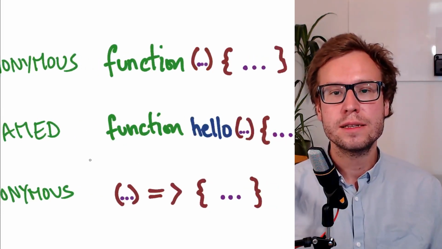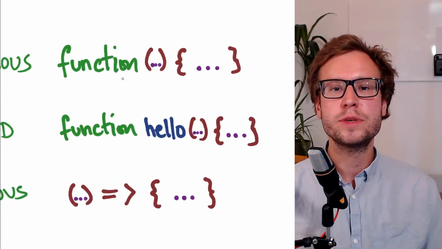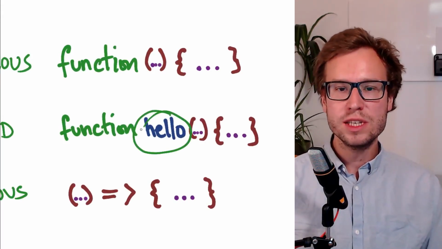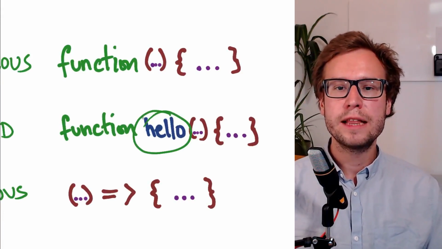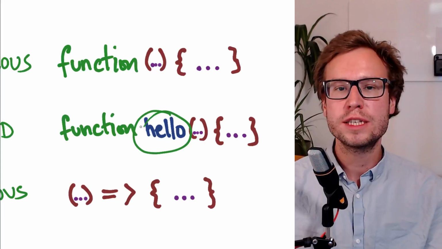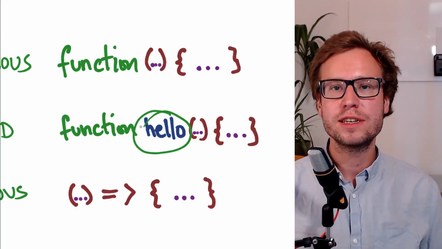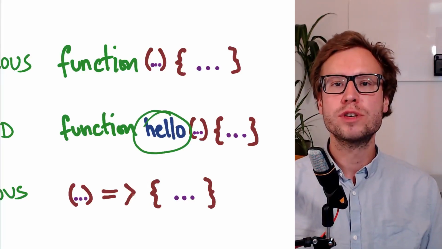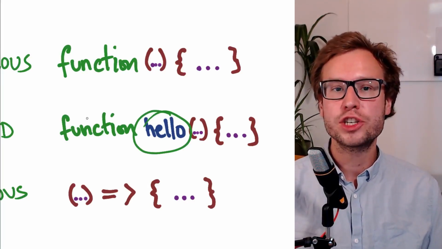And you can tell the difference between the anonymous and the named functions because the name is present. Even though these functions have a name, they're still function expressions. In other words, each of these expressions evaluates to a function. When a function expression is evaluated, the resulting value is the function.